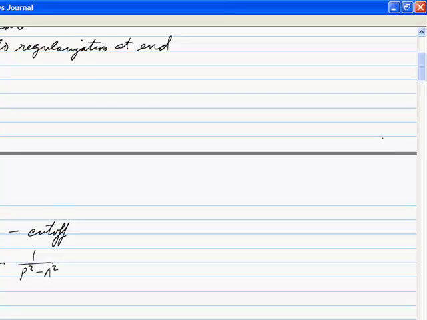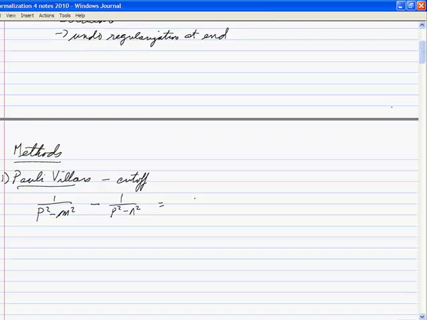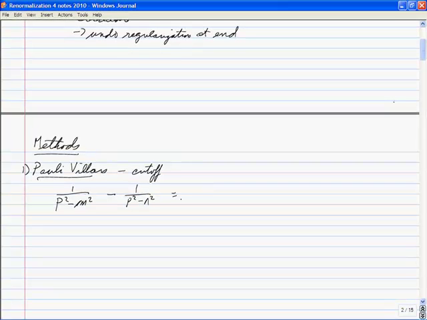You just set lambda to infinity and it goes away. But for any big but finite lambda, the large p behavior of this cancels. So as p goes to infinity, this is softer, and that makes most calculations finite. So it's basically a way of imposing a cutoff.